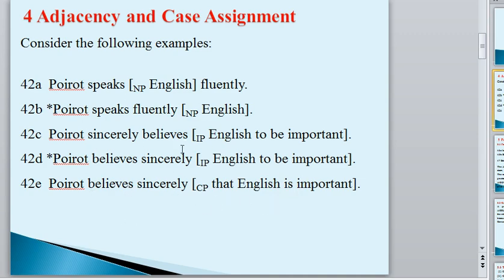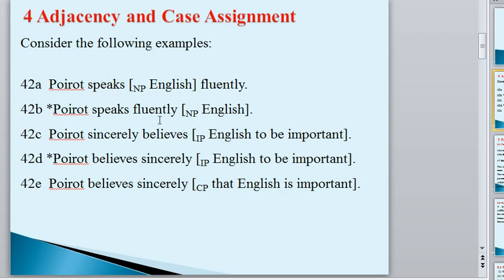So again, as I told you, we have a condition, adjacency, in case assignment. It means that the case assigner here, the verb, should be near the NP.